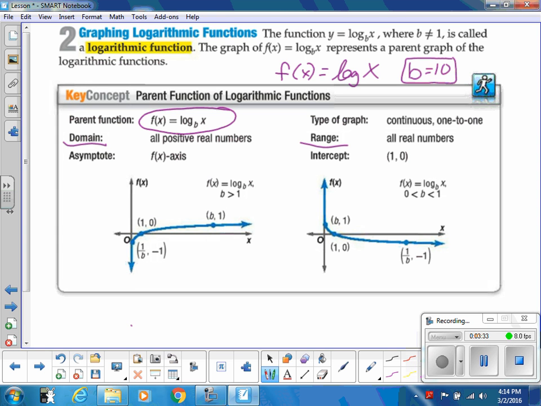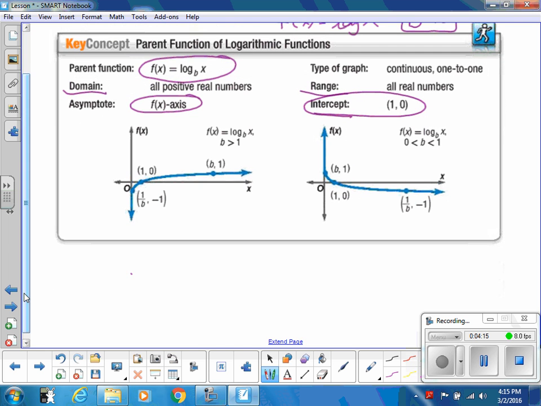Basically, it's going to be just the same as an exponential, except instead of k being your horizontal asymptote moving up and down and determining what the range was, now your asymptote is going to be vertical, and it's going to be your h. And it's going to shift left or right to determine what the domain is. Notice the asymptote is no longer the x-axis, it's the f of x-axis, or the y-axis. And your intercept, instead of being 0, 1, is now 1, 0.